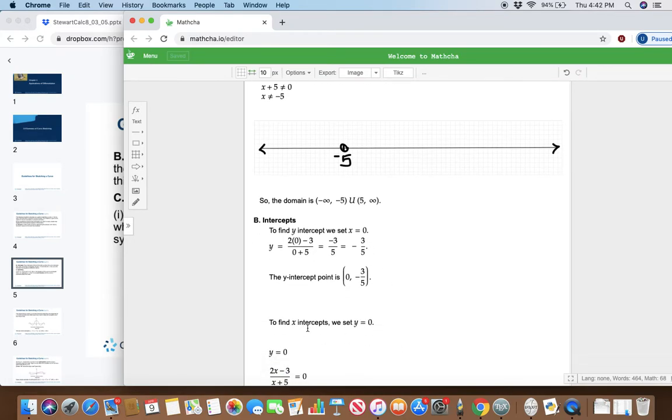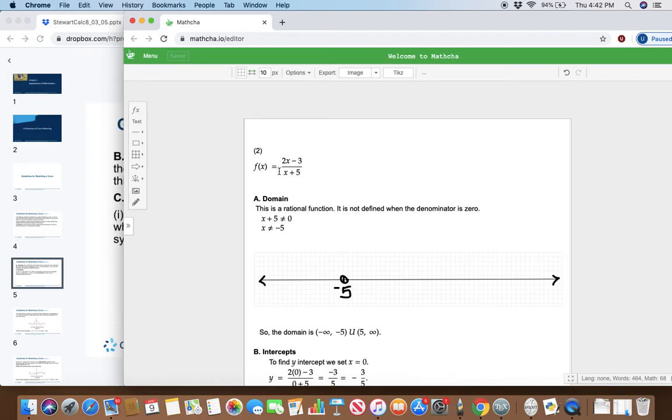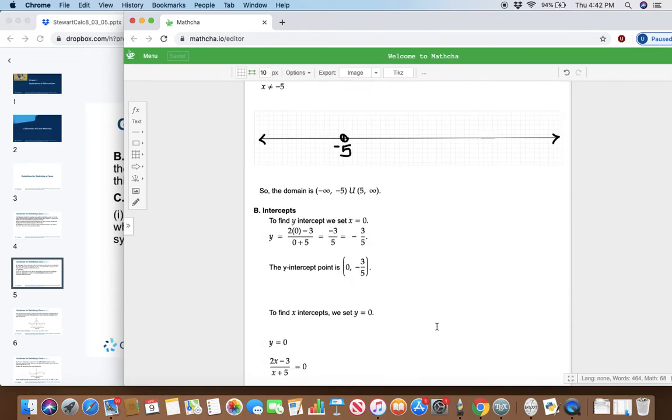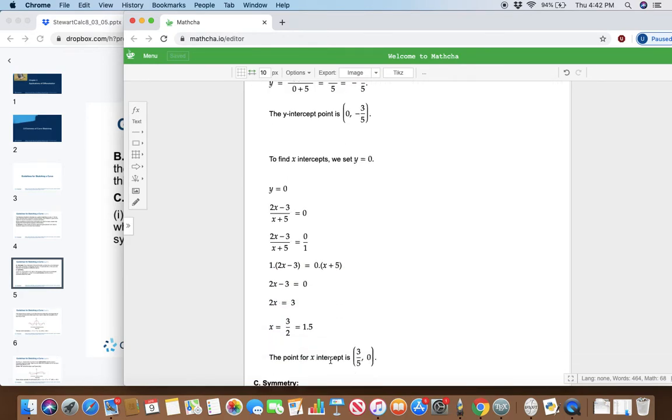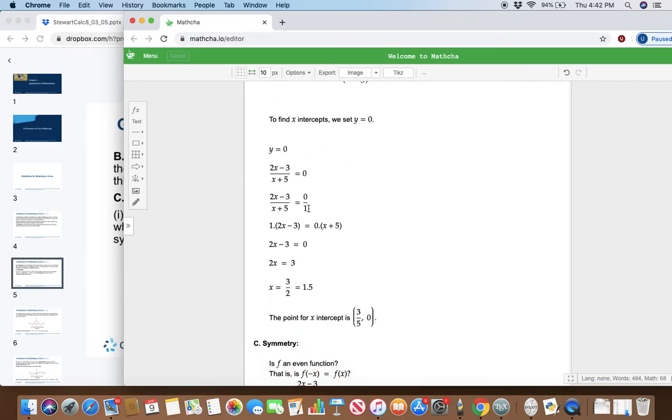How do I find x-intercepts? I set y equal to 0. What is y? Y is the function expression. In other words, (2x minus 3) over (x plus 5) is 0. This is a fraction on the left, so make a fraction on the right. Write the 0 as 0 over 1. Cross multiply: 1 times (2x minus 3) equals 0 times (x plus 5).